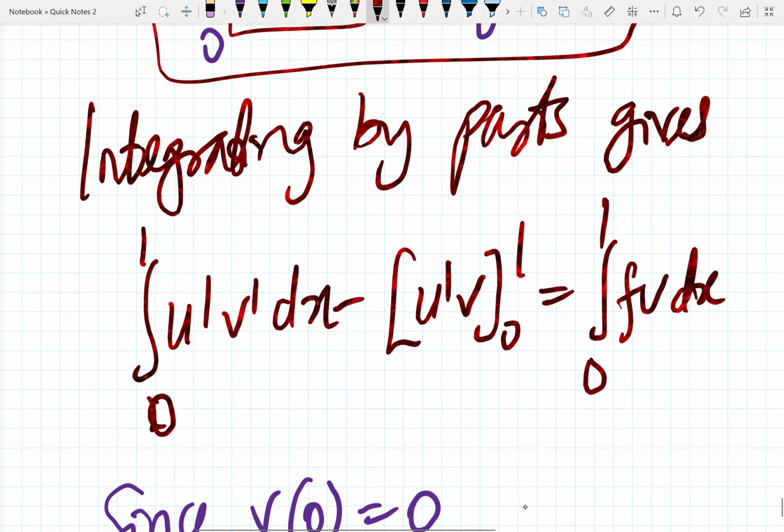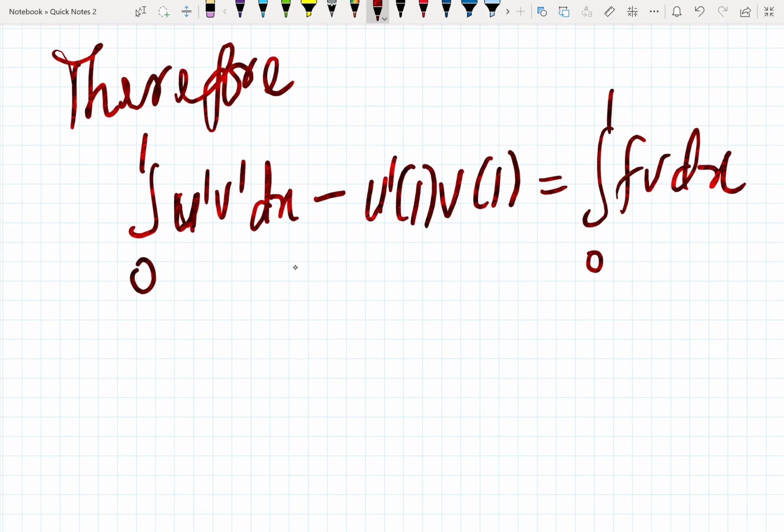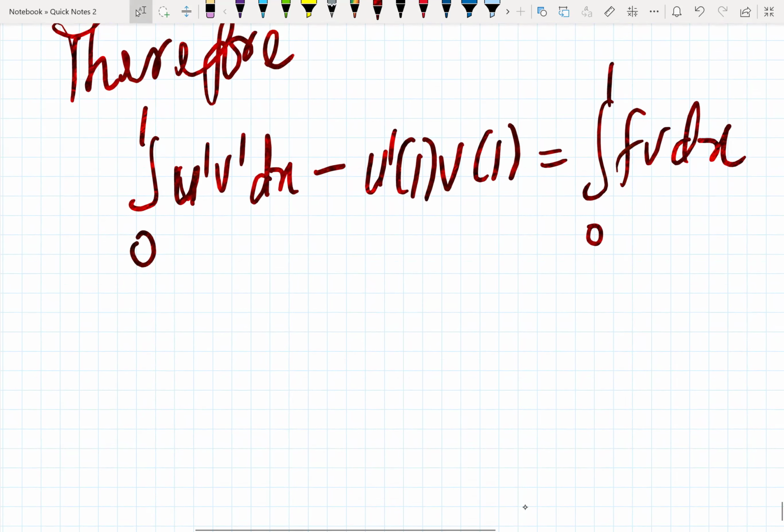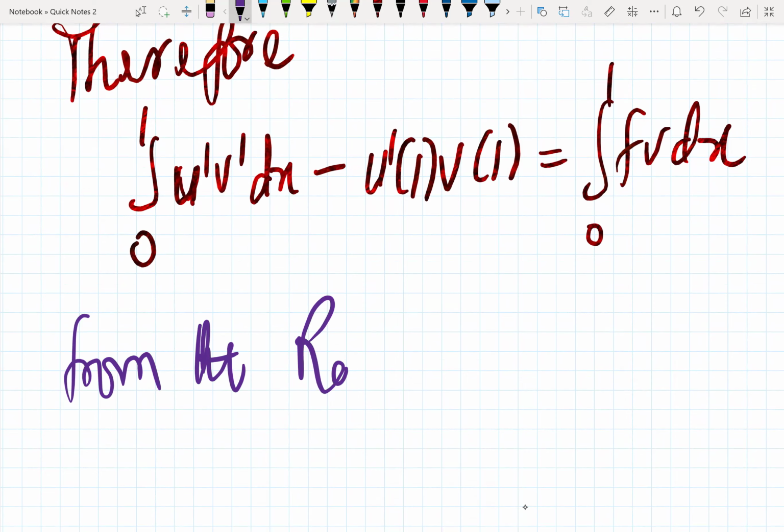Okay. Therefore, we have the integral from 0 to 1 of u prime v prime dx minus u prime of 1 times v of 1 equals the integral from 0 to 1 of fv dx. From the Robin boundary condition, we know that u prime of 1 is equal to g minus alpha u of 1.